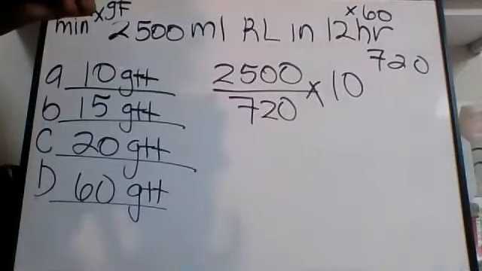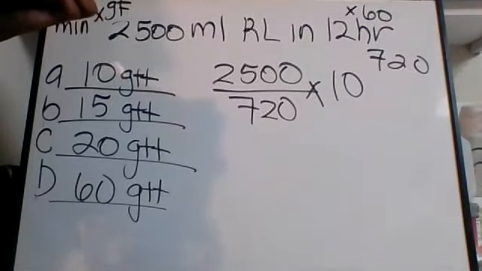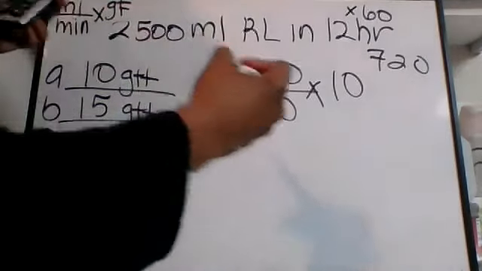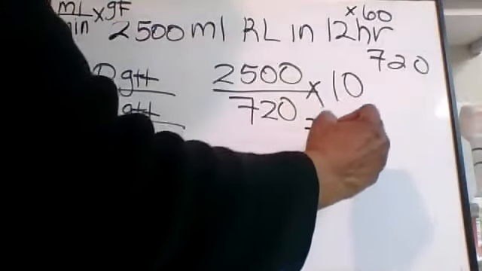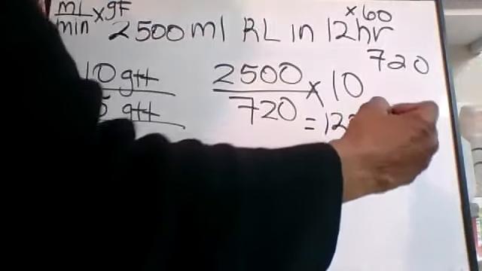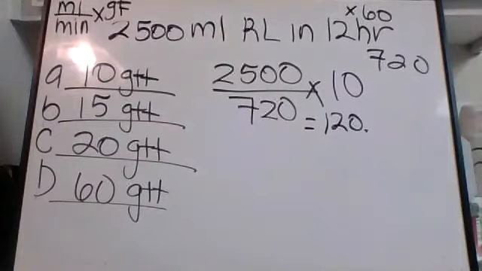So 2,500 divided by 720 times 10. Let me check that.